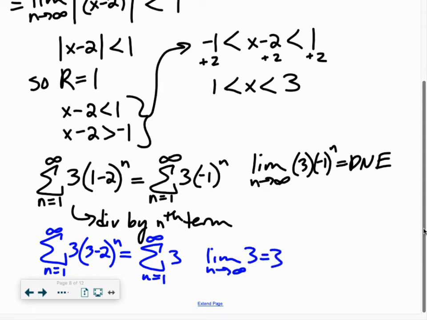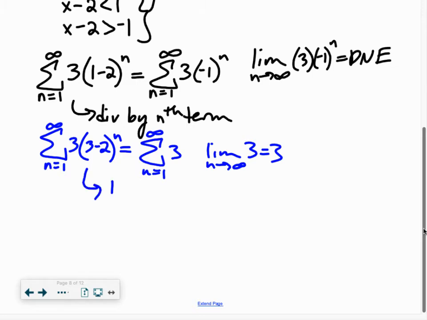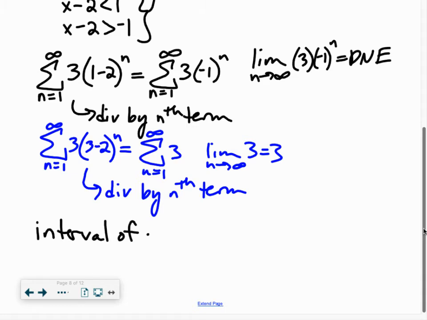And so again, this diverges by nth term test. Since both of our endpoints diverged, our series does not converge at either of those. So our interval of convergence is the open interval from 1 to 3. It does not include the endpoints because both endpoints diverged.